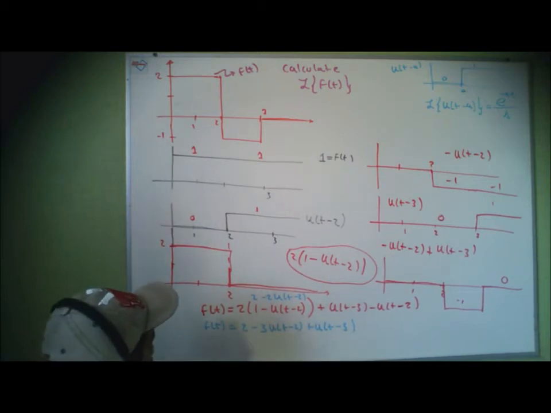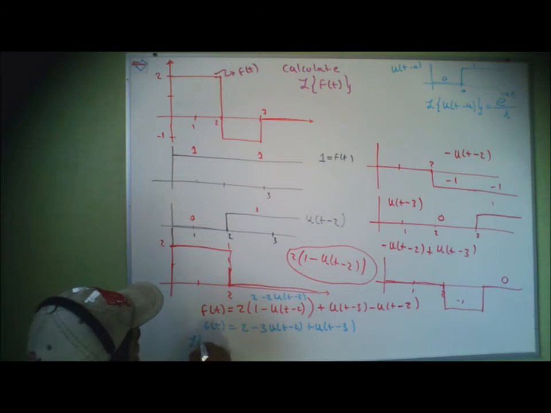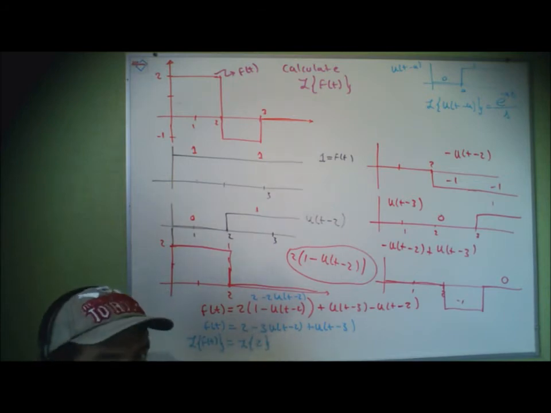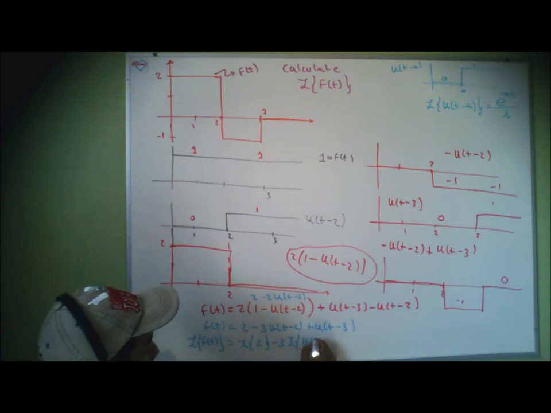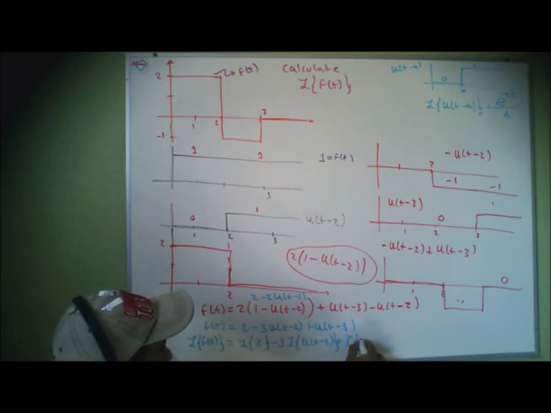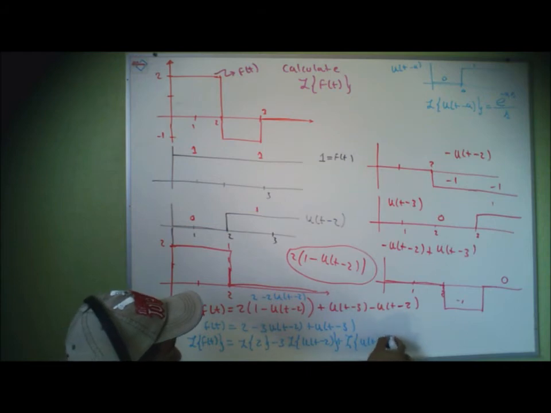Now, what we are going to do is apply the Laplace transform of f of t, which means the Laplace transform of 2, minus 3 times the Laplace transform of u of t minus 2, plus the Laplace transform of u of t minus 3.